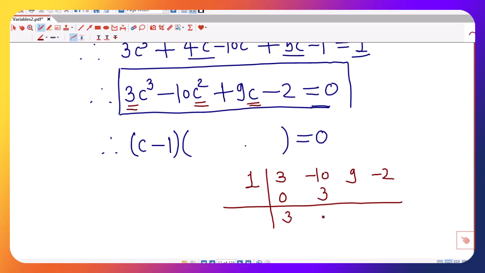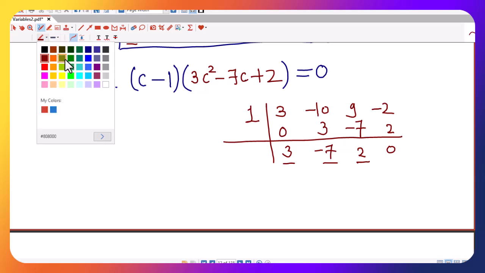Again we add these two, so we have 3 minus 10, that is minus 7, multiplied by 1 gives minus 7. 9 minus 7 is 2, 2 into 1 is 2, and here we obtain 0. These three are the coefficients of this second degree polynomial. So here I will write 3 times c square minus 7 times c plus 2.